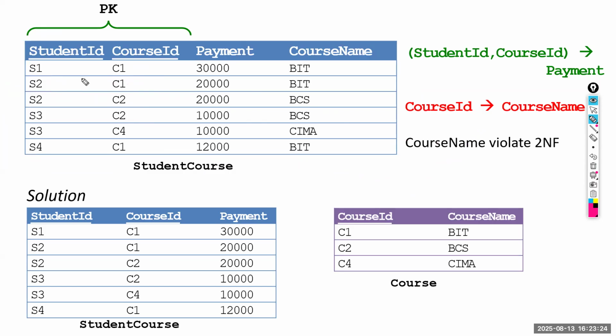That combination cannot be duplicated, because this is student one course one, and you are not going to get student one course one again since that information is already captured. So here the primary key must be the composite key.